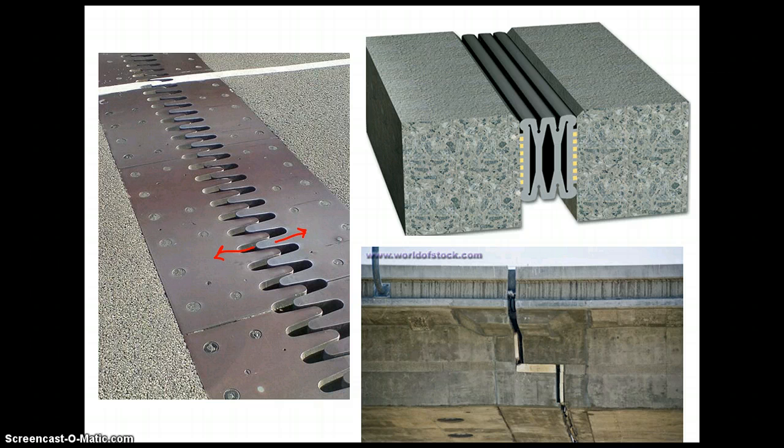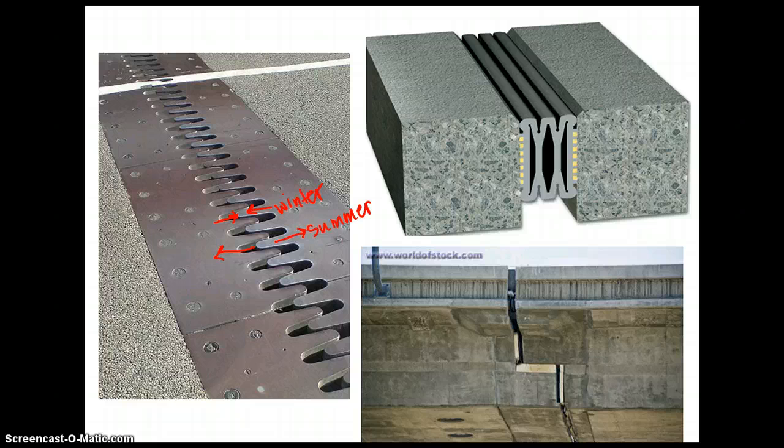In the wintertime, the opposite's going to happen. These little teeth are going to move together in the winter because things are going to contract when they get cold. So in the summer we have expansion, and in the winter we have some kind of constriction going on.